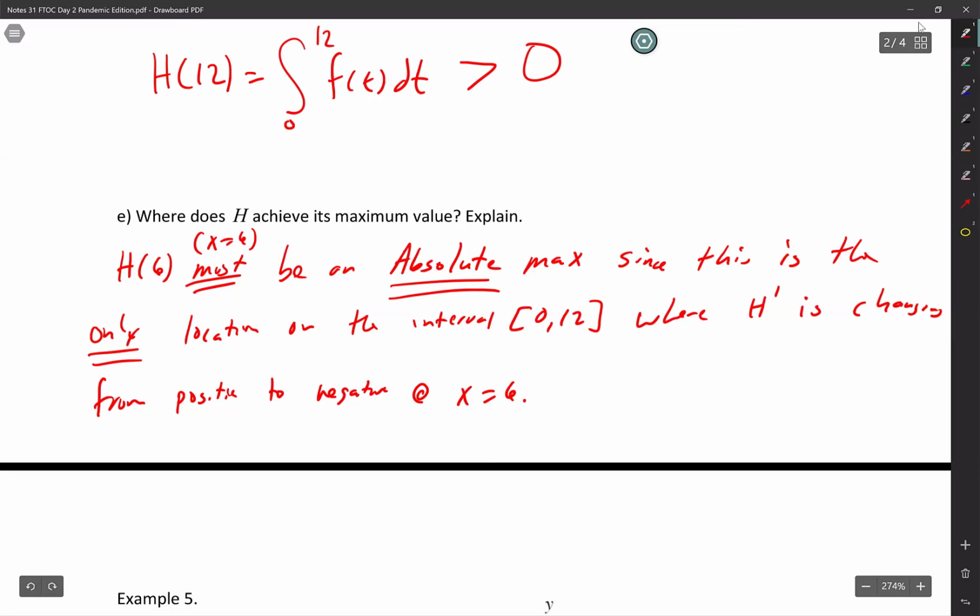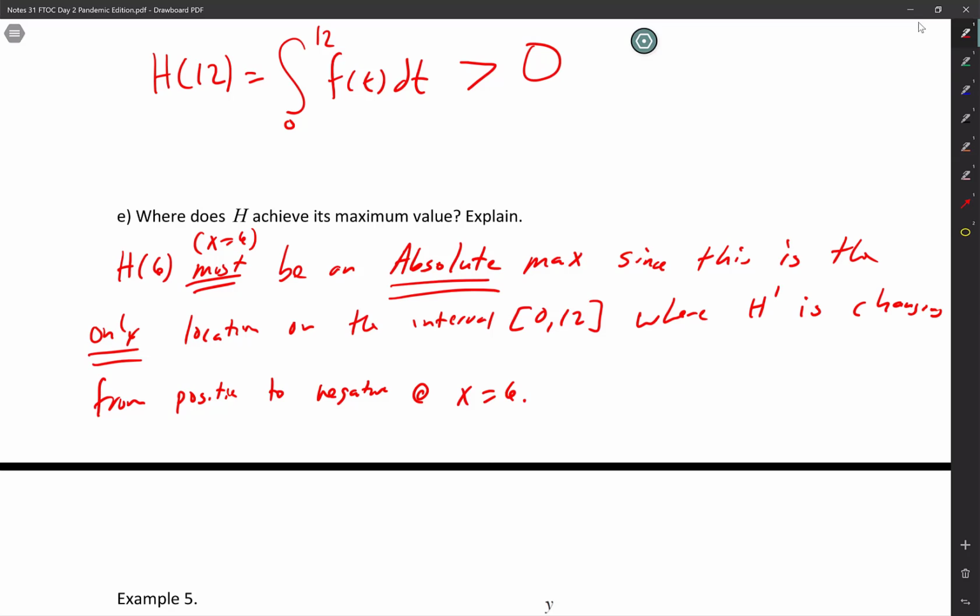Let me see if this makes sense in English. H of 6 must be an absolute max. H of 6, when I'm talking about x equals 6, must be an absolute max since this is the only location on the interval 0 to 12 where h prime is changing from positive to negative at x equals 6.